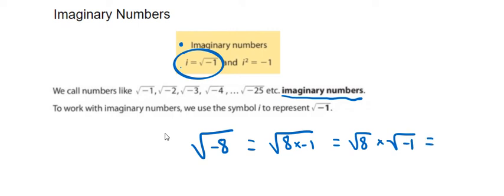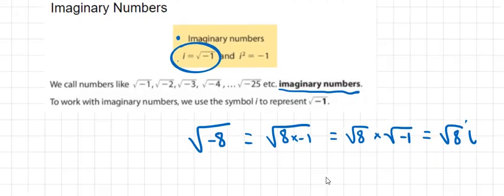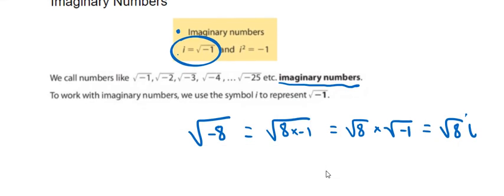And we know that the square root of minus 1, going back to the rule, is the same thing as I. So we can call that the square root of 8 I. That's basically what imaginary numbers mean and how they can be converted.